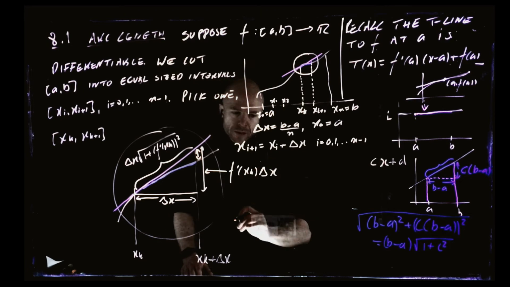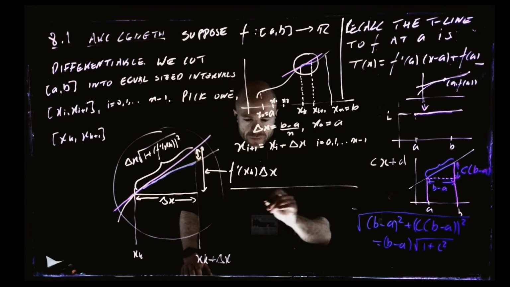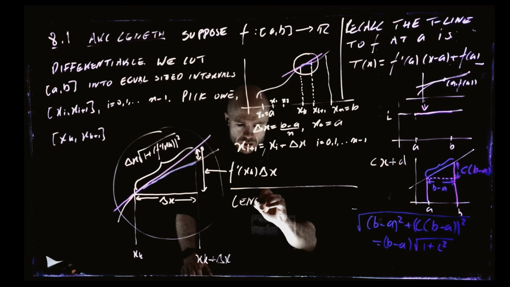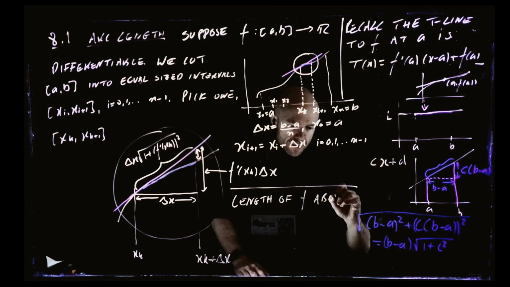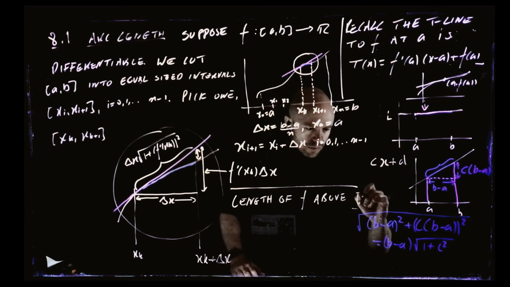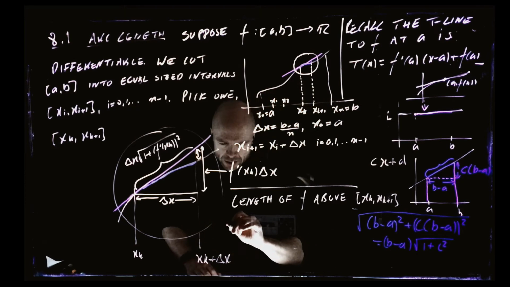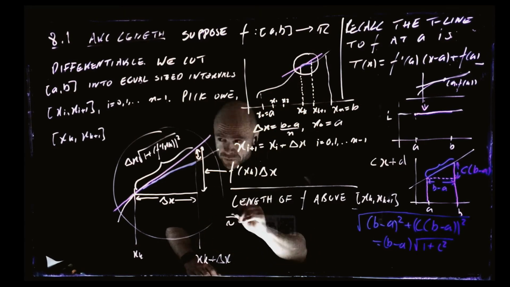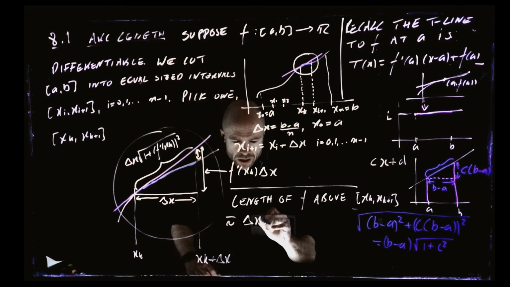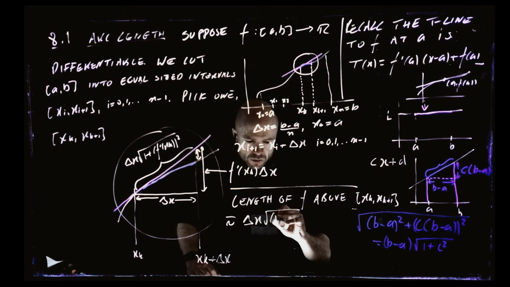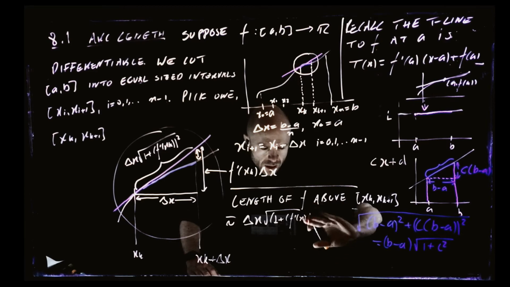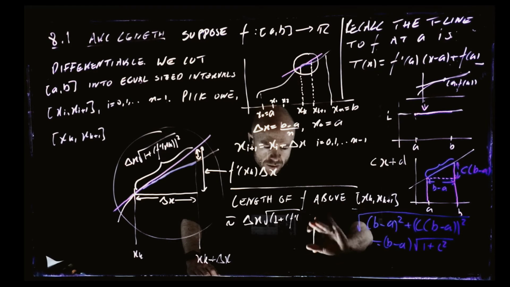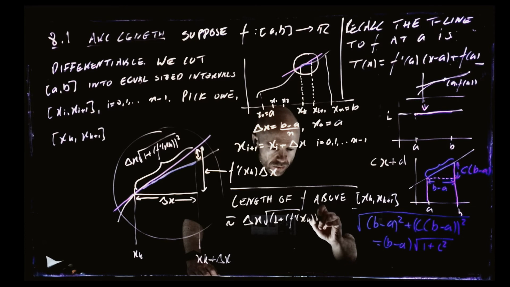So we're going to write this: the length of f above xk to xk plus 1 is very much like just this quantity, delta of x times the square root of 1 plus f prime of xk squared.